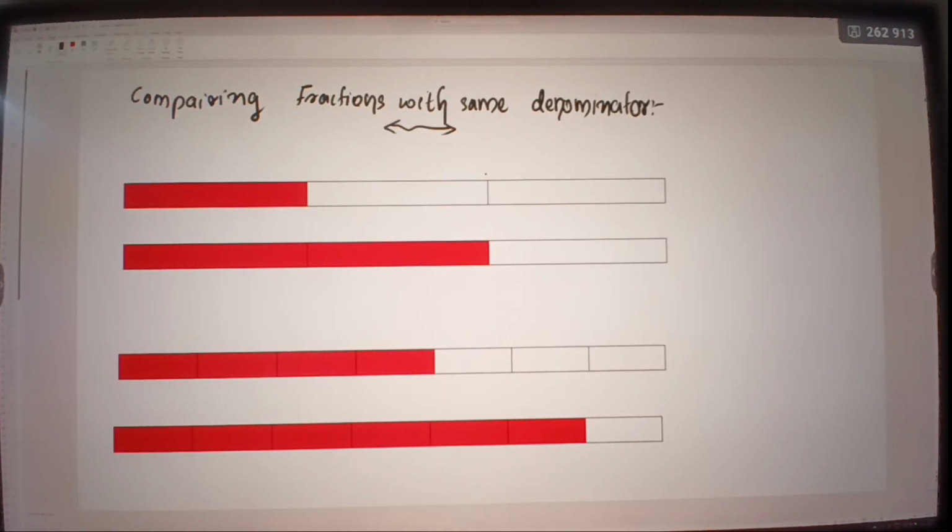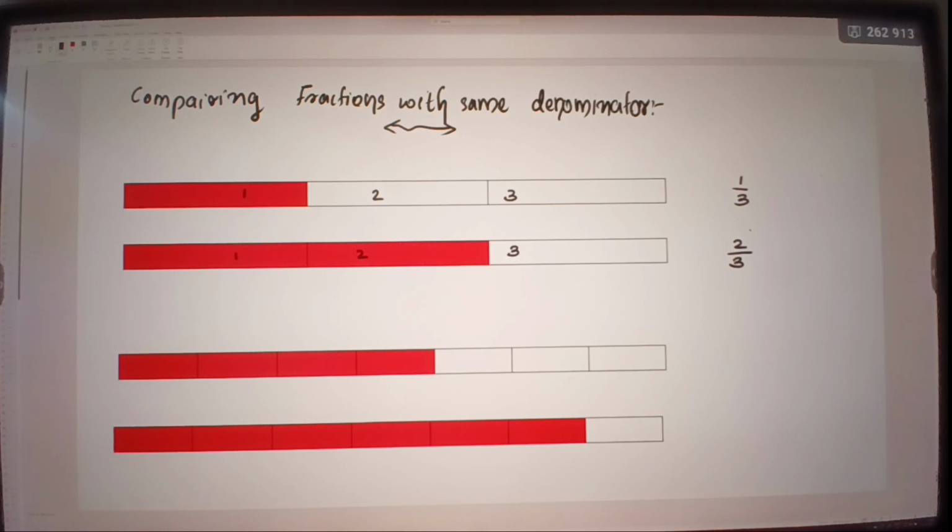Comparing fractions with same denominator. So look here, there are total 1, 2, 3 parts and only 1 part is shaded. So 1/3. So look here, here also 3 parts are there, 2 parts are shaded. So 2/3.